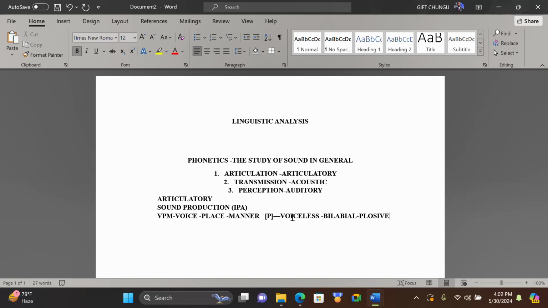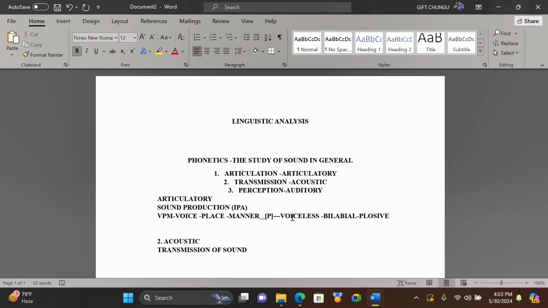So that is what we are looking at on articulation of sound, or articulatory phonetics. And then we also have acoustic phonetics. This one, acoustic, deals with transmission of sound, how sound is transmitted in the form of waves.